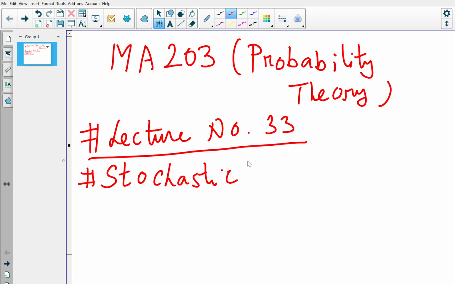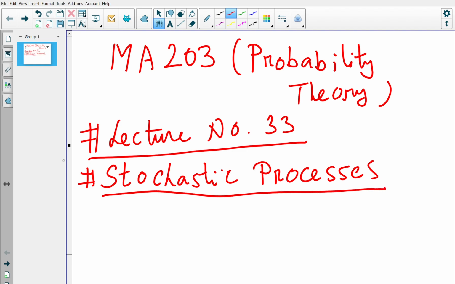So far we have learned probability theory. Now we will have the modeling of using probability theory for mathematical problems. Okay, and this is part of stochastic process.